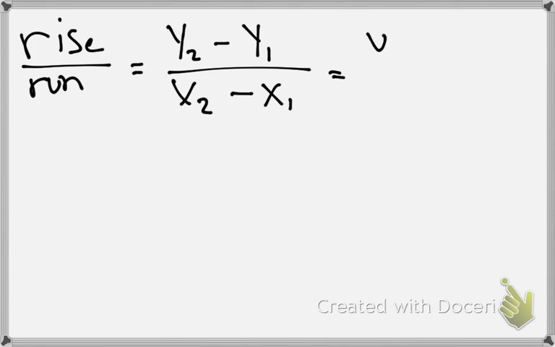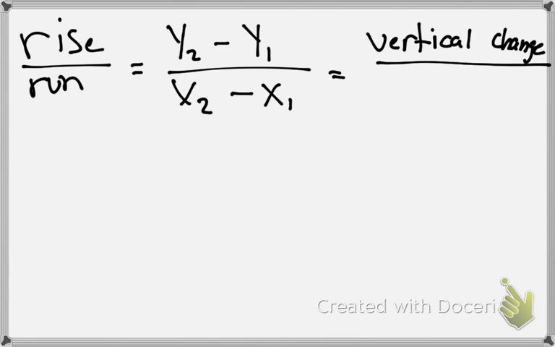So y2 minus y1 talks about our vertical change. X2 minus x1 describes our horizontal change.